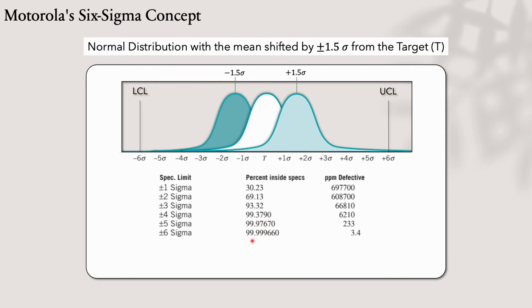As you remember, Six Sigma on the previous slide was 99.9999998. Now it is reduced to 99.99966, and the number of defective products increases from 0.002 to 3.4. It is still very low, meaning there is a probability of having 3.4 defective products out of 1 million products. An excellent situation for the business, right?